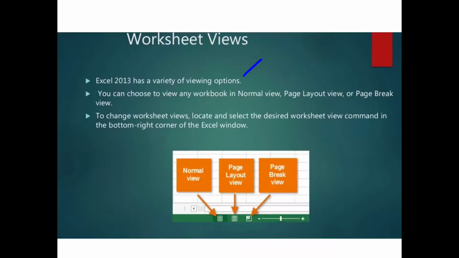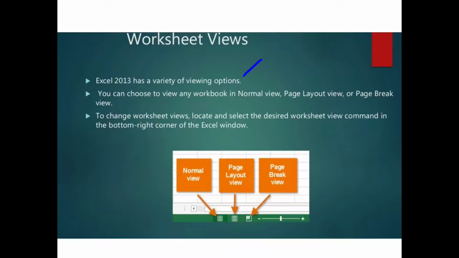So when we complete our work in an Excel sheet or spreadsheet in Excel 2013, we have to choose the workbook in normal view or page layout view or page break view to print, to see, to send or to forward. So like this we can view the worksheet.